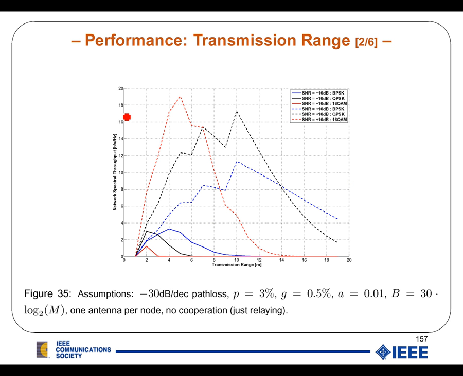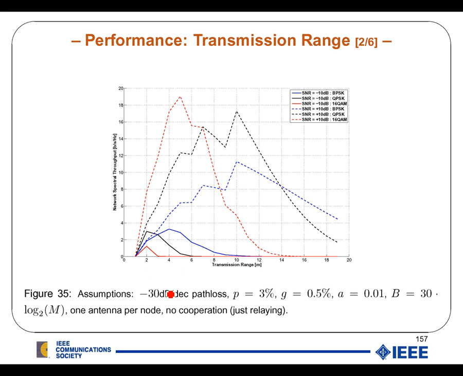What I plot here and what I will plot in subsequent graphs is the network spectral throughput in bits per second per hertz, against the transmission range, as an example in meters. And we have plotted 2 families here. The dotted curves are for a high signal to noise ratio of 10 dB, and the solid curves are for a low signal to noise ratio of -10 dB, and per family we have the case of BPSK, which is the blue curve, QPSK, which is the black curve, and 16QAM, which is the red curve.